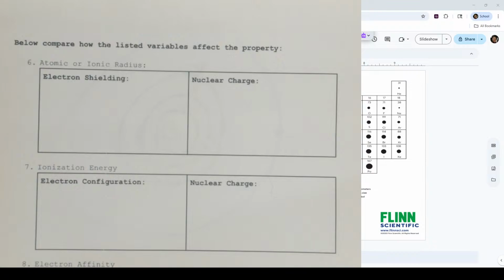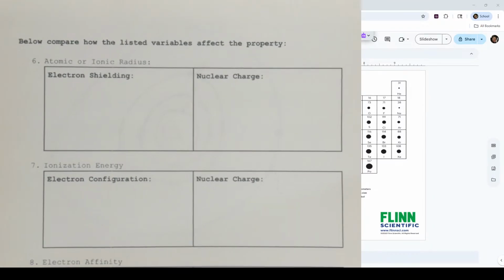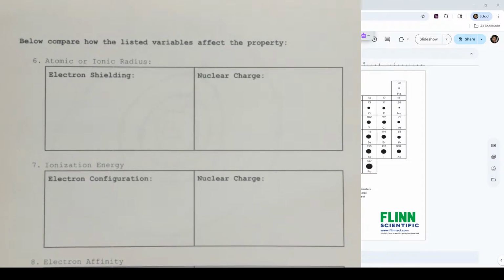Okay, so let's compare the listed variables, how the listed variables affect the property. So how electron shielding affects ionic radius. Okay, this is interesting. I can look at this two ways.